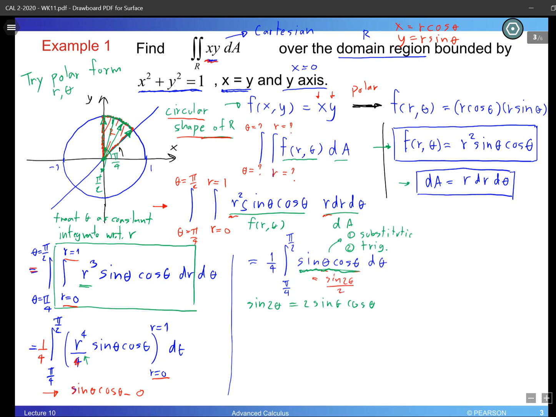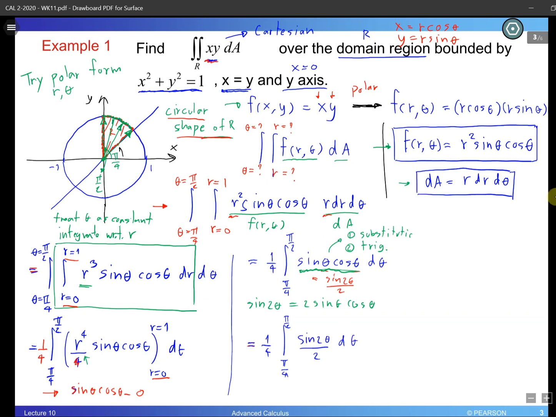Okay, let me try that. So this is going to be equal to 1 over 4, same integration from pi over 4 to pi over 2, and this has become sine 2 theta over 2 d theta.